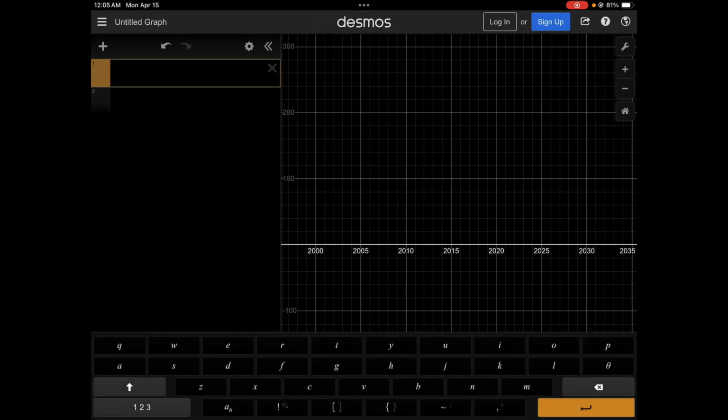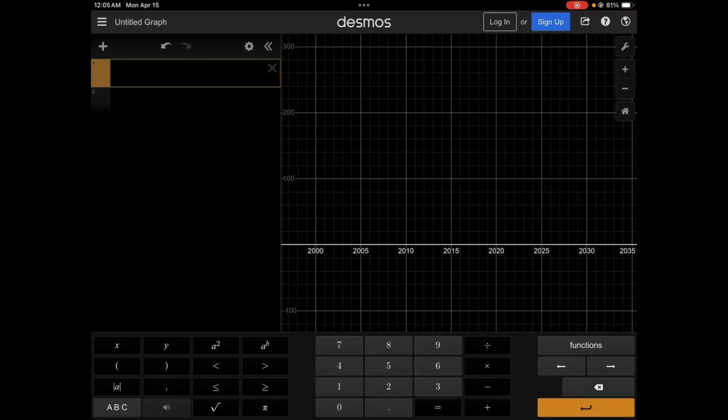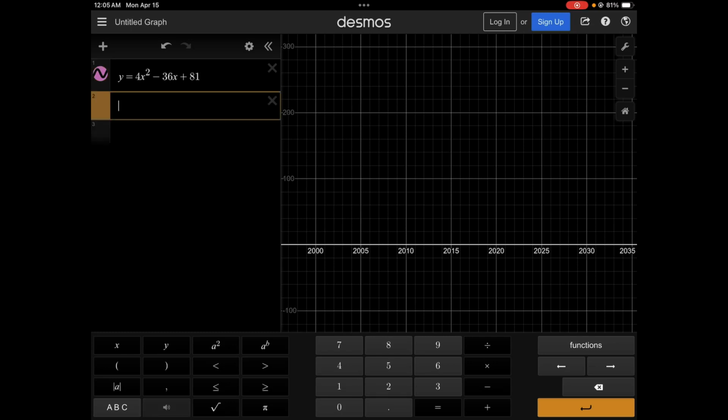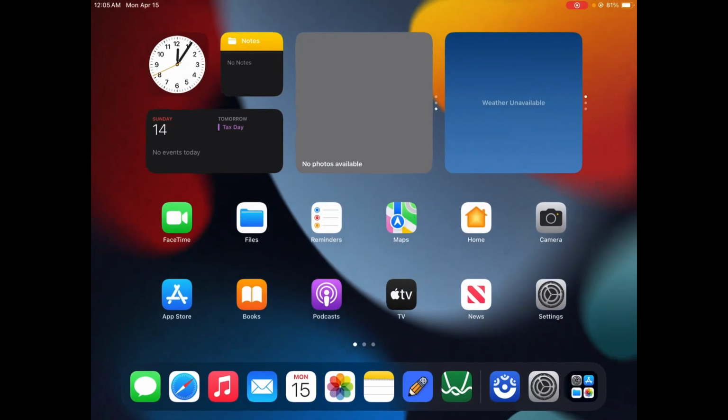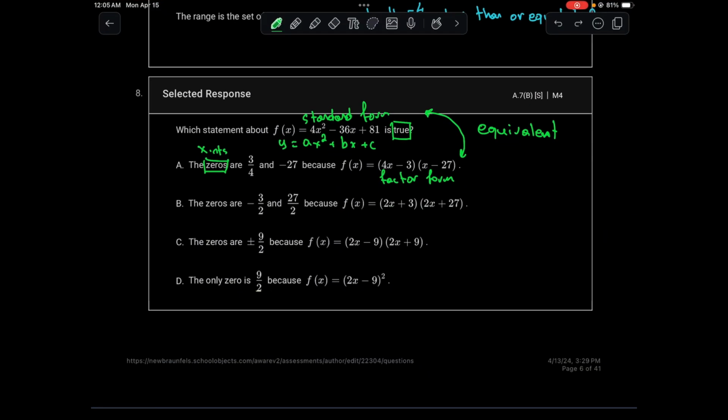Let's start with the given one. Y equals 4x squared minus 36x plus 81. Admittedly, it would be a little faster to do it by hand here.